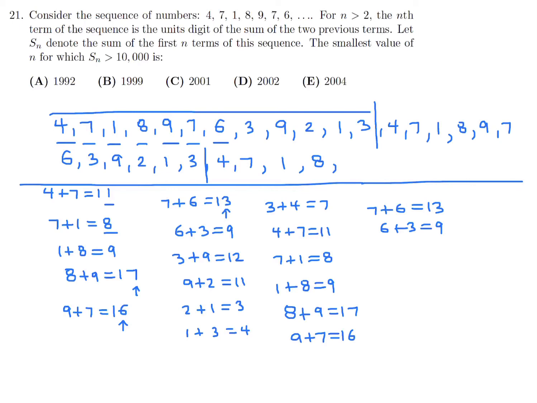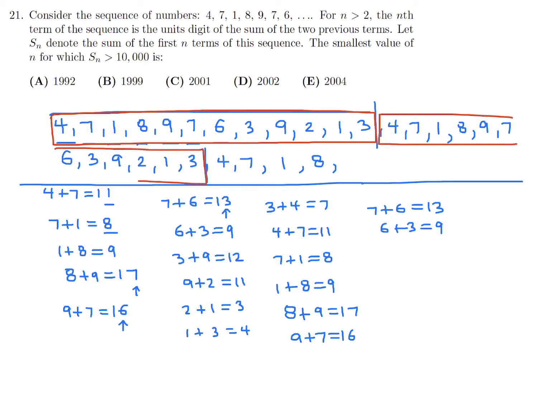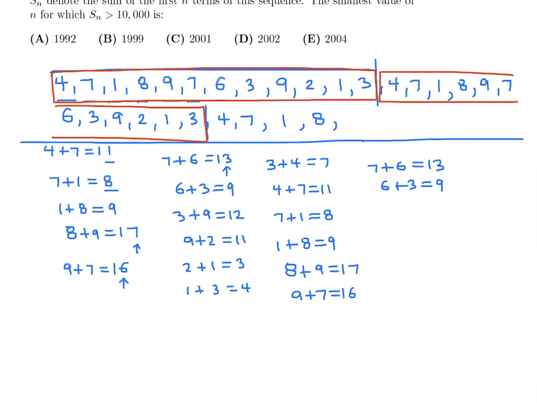I hope you saw that. You'll see it again right there. Okay, so that's the sequence that I was looking for. So how many terms is that? 1, 2, 3, 4, 5, 6, 7, 8, 9, 10, 11, 12. So every 12 terms, it repeats itself.